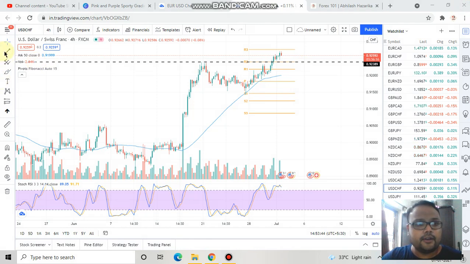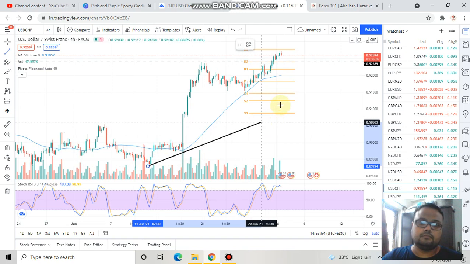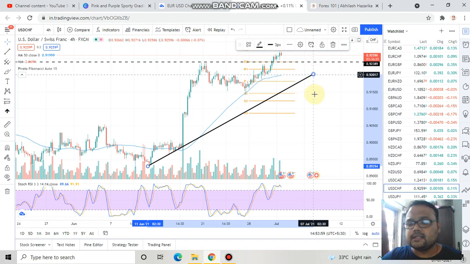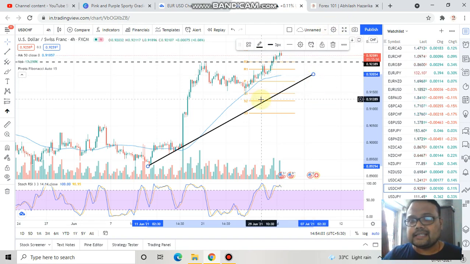If I draw a trend line here, it still does not meet the criteria of a trend line, so I'm not drawing any lines here. The 50 moving average is the only support we have in front of us right now.